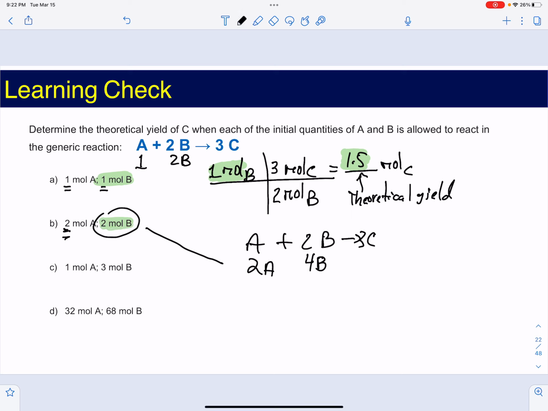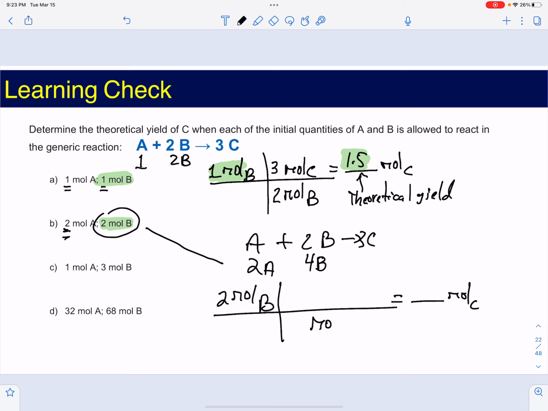So using my limiting reactant, 2 moles of B, I'm gonna see how much product I can make, which means I do not want moles of B because I'm looking for moles of C, and there's 3C for every 2B, which means I'm gonna make 3.0 moles, which is gonna be my theoretical yield.